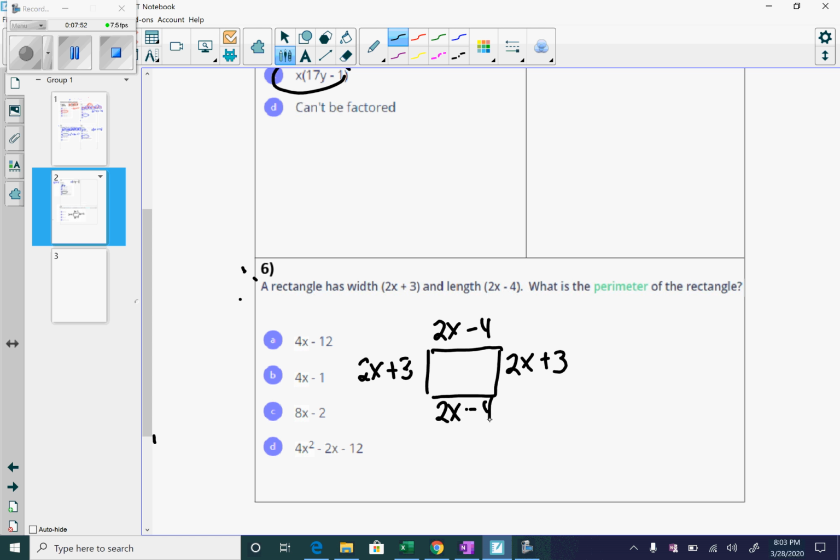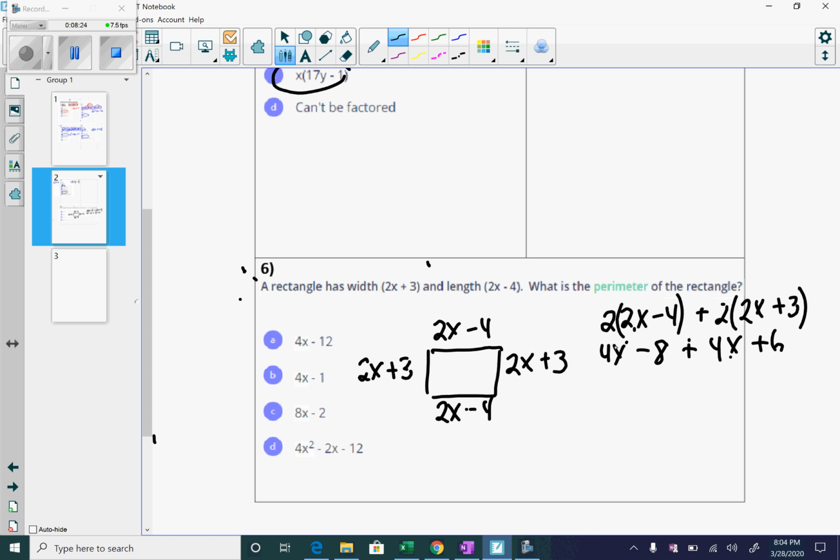So I can just add these 4 sides together by combining like terms, or I could double each side using the distributive property. So 2 times the length plus 2 times the width. Okay, and that's going to give me 4x minus 8 plus 4x plus 6.